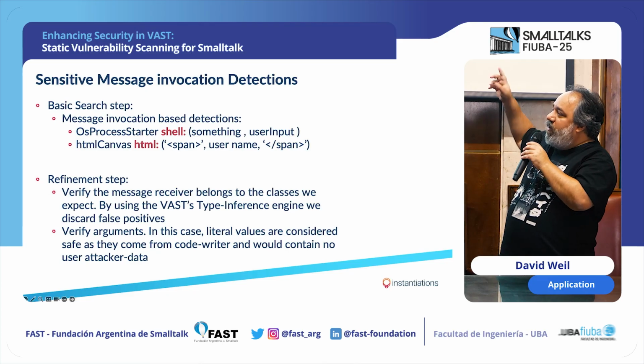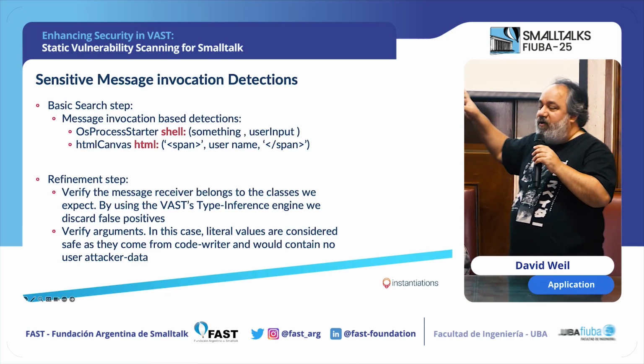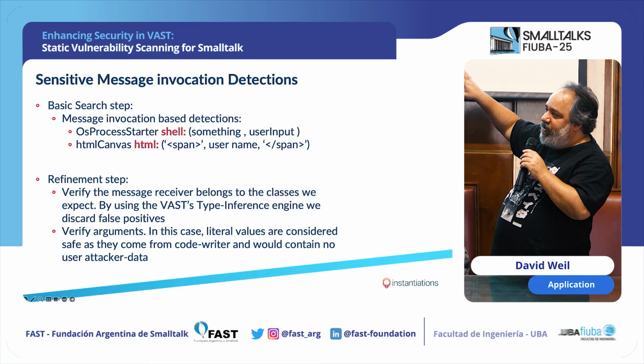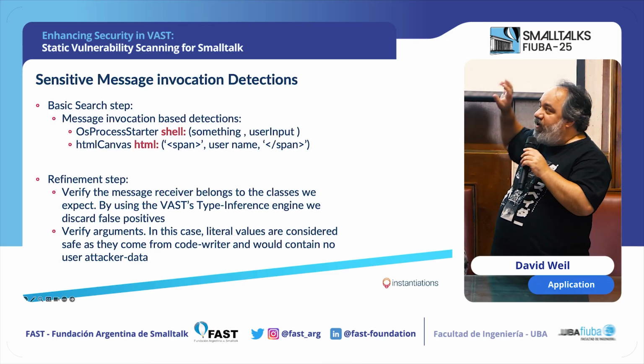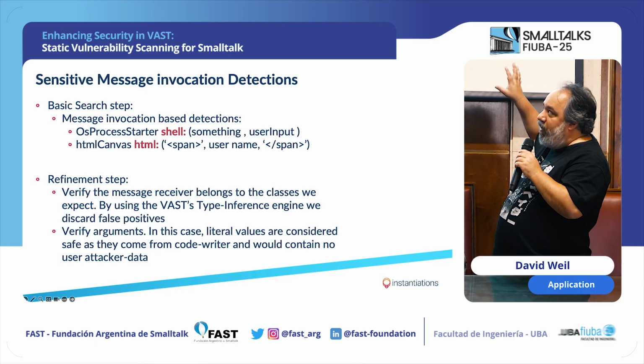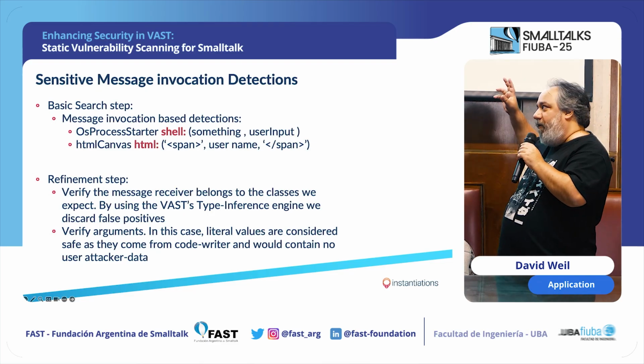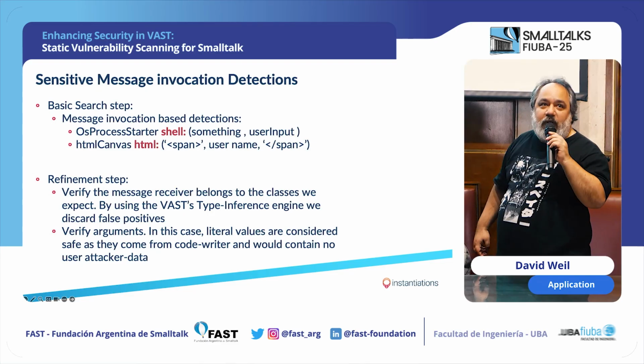So in this case, the refinement step mostly consists in applying type inference to the receiver of the message and understanding which kind of arguments are being used with that invocation. This is what I told before.